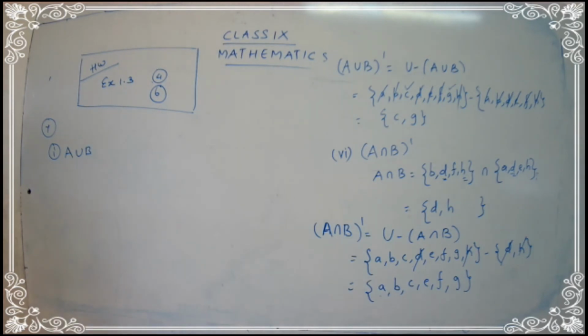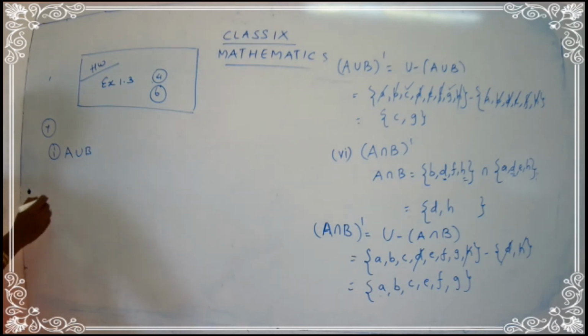The first one is A union B. We are going to do the first subpart. So you have to be ready with your scale and your pencil. Are you ready? Shall we proceed? Okay, let's do the work.